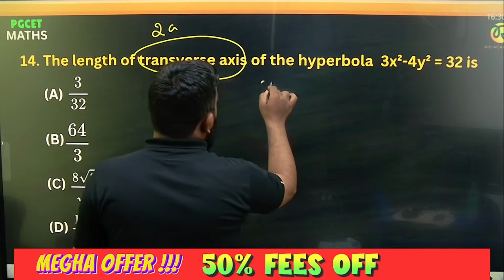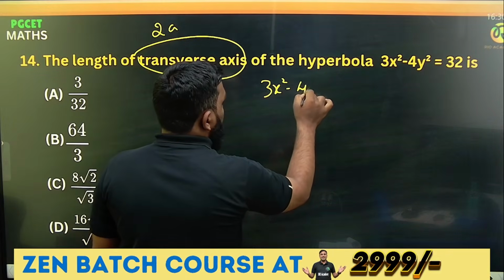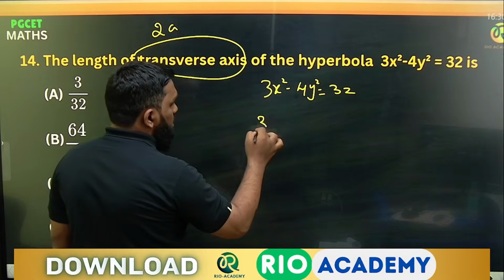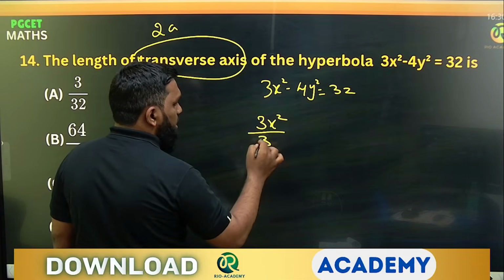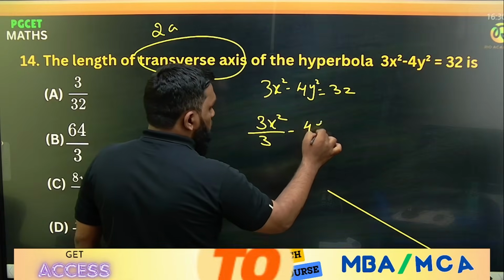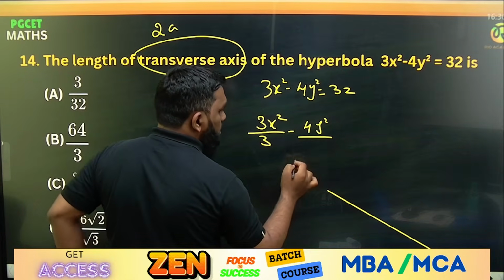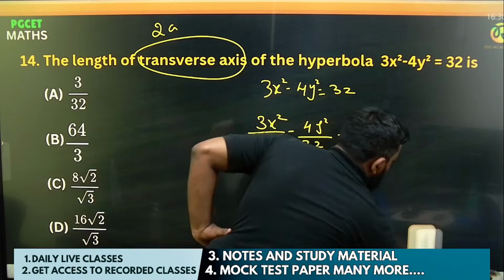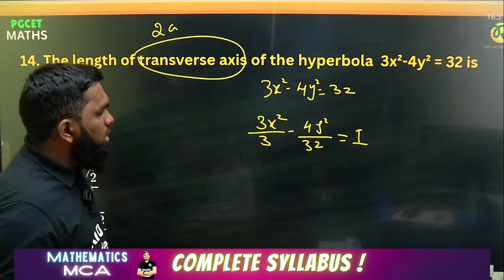First, the given question you have to write, that is 3x square minus 4y square is equal to 32. Shift the 32: 3x square divided by 32 minus 4y square divided by 32 equals 1. That is a hyperbola.